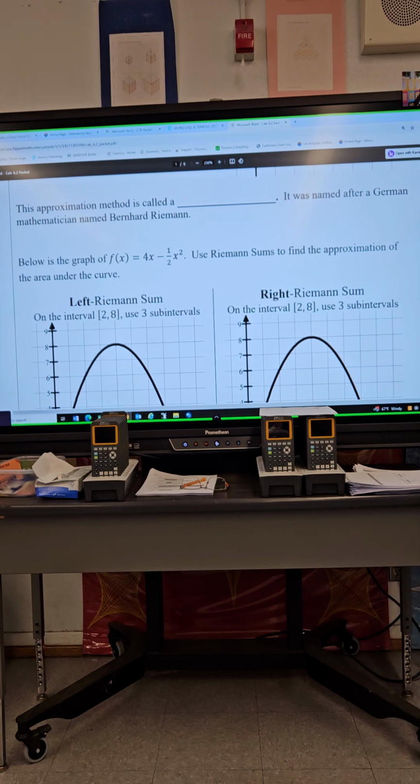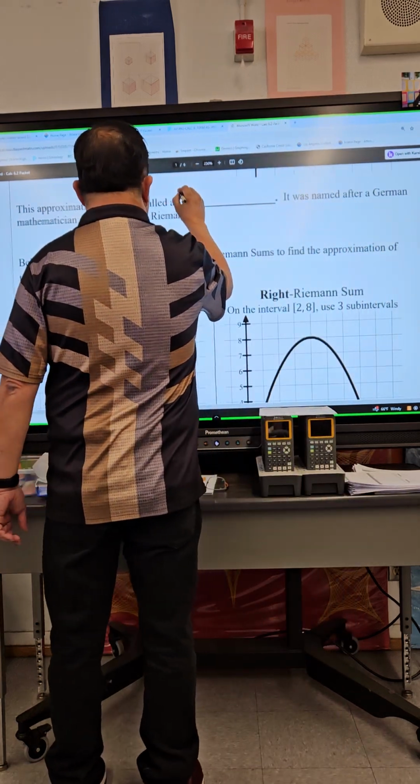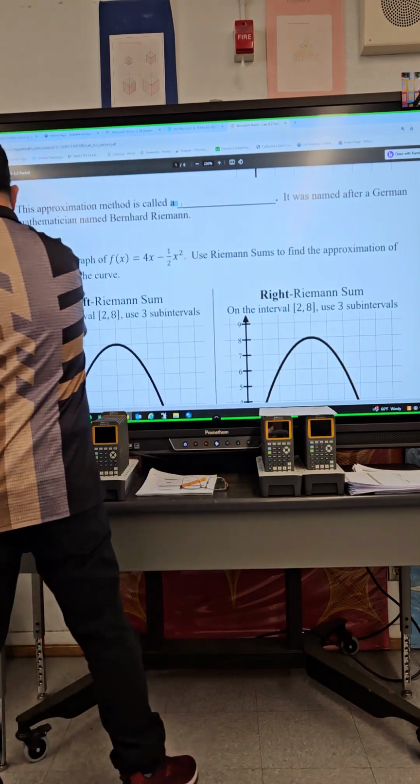So, this approximation method is called Riemann sum. The approximation is called a Riemann sum.